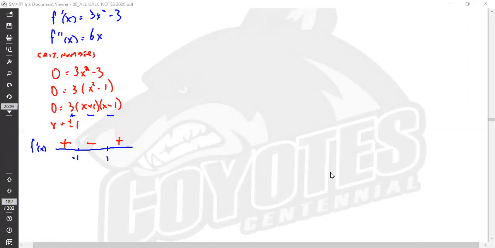We have a function that is increasing. We need to label this every time, please. It is increasing on negative infinity to negative 1, union 1 to infinity. It is decreasing in between, on the interval negative 1 to 1. Round brackets because it doesn't include those points.